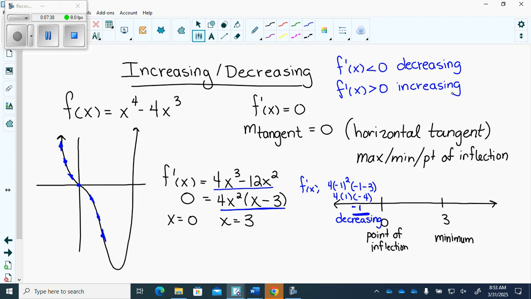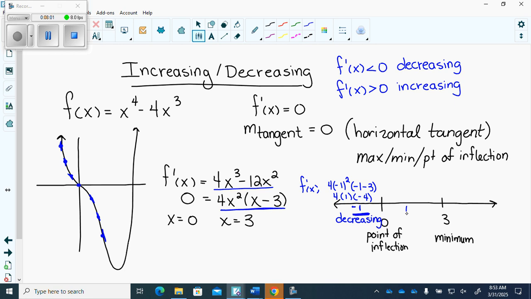So now we have to run a test point between 0 and 3. What do we want to pick between 0 and 3? What value? I would pick 1, you could pick 2, you could pick 2.5, you could pick 1.5, you could pick 1.333 repeating, 4/3 if you're a rebel. I'm not. I'm like, hey, what's the easiest? 1.